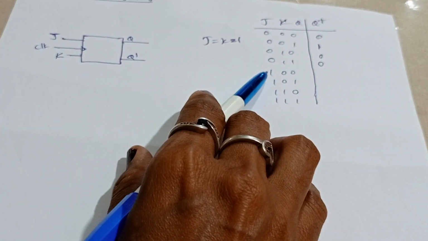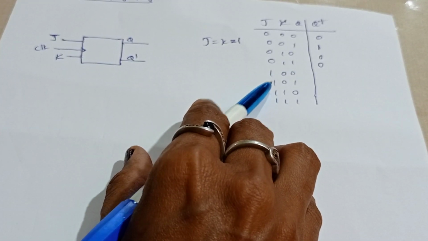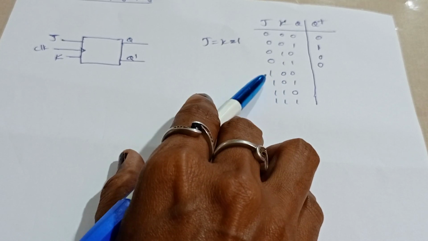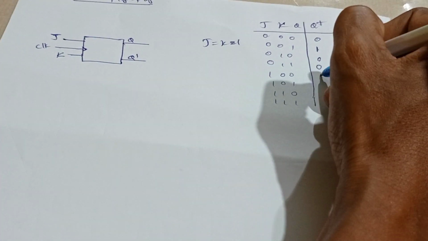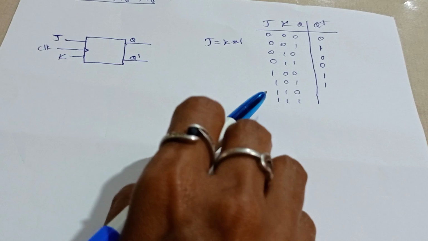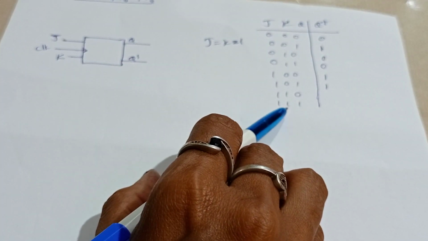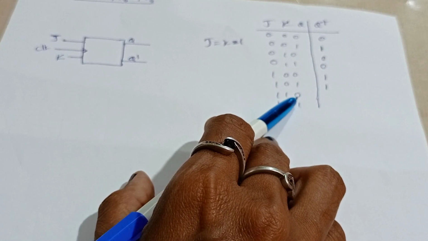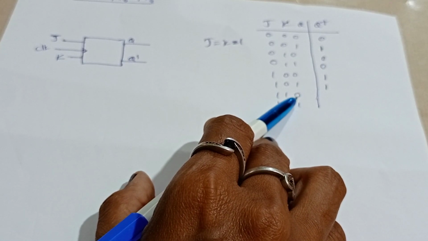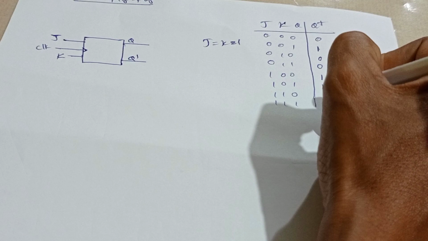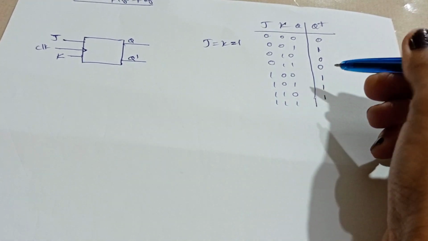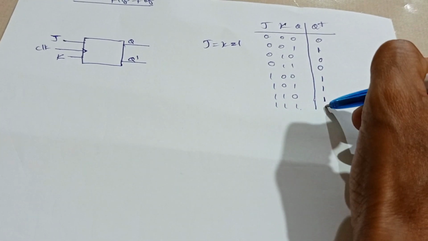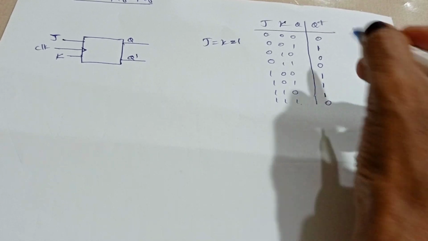When J is equal to 1 and K is equal to 0, this is set. If both the values are 1, 1, when Q is 0 it becomes 1, and when Q is 1 the next state becomes 0.